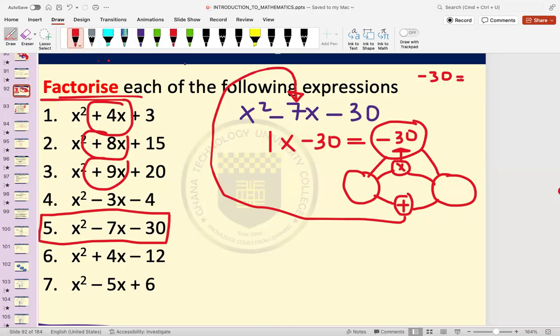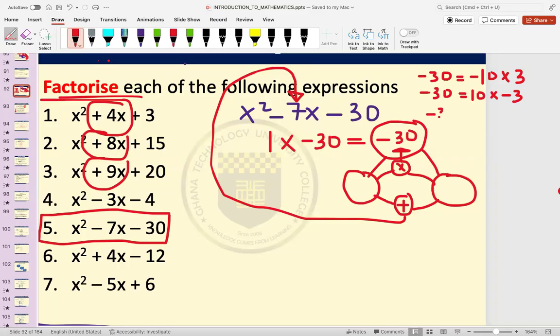I ask myself, what 2 numbers can give me negative 30? The first thing that can come into my mind is that when I multiply negative 10 by positive 3, it will give me negative 30. My second attempt is, I also know that when I multiply 10 by negative 3, it will give me negative 30.